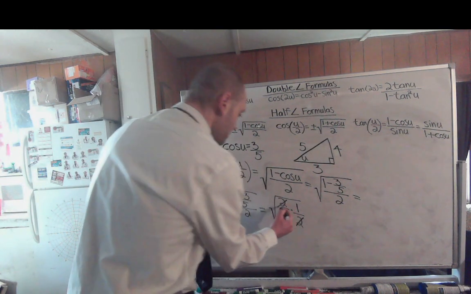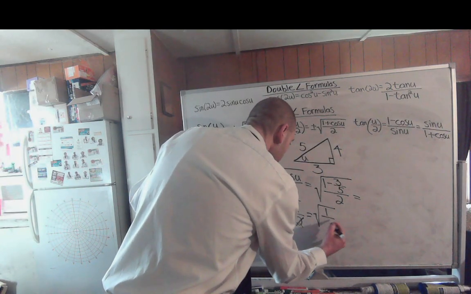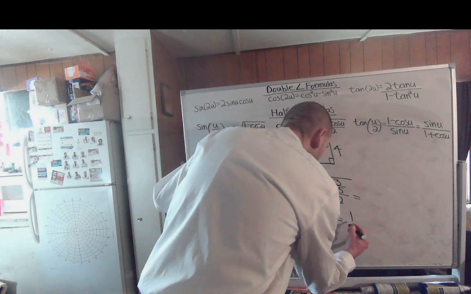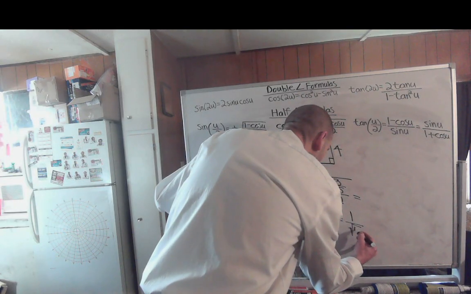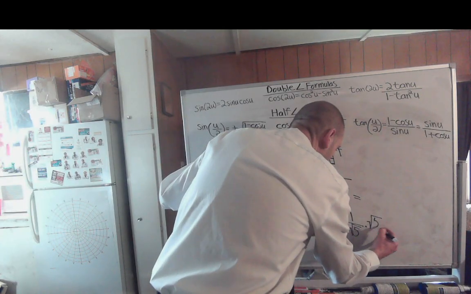Well, the 2's will cancel out. You would end up with the square root of 1/5. Well, 1's a perfect square, so this would turn into 1 over the square root of 5, which you got to rationalize your denominator.